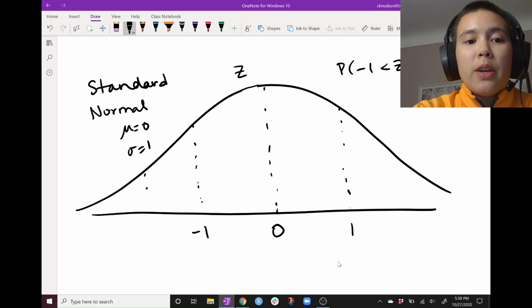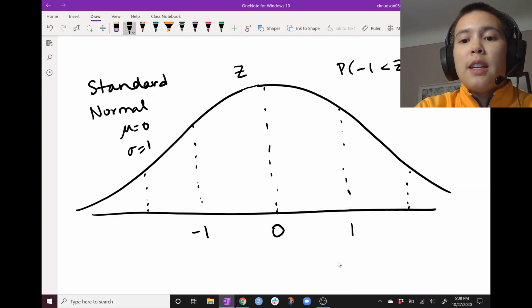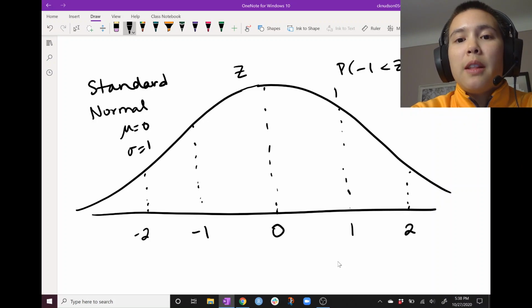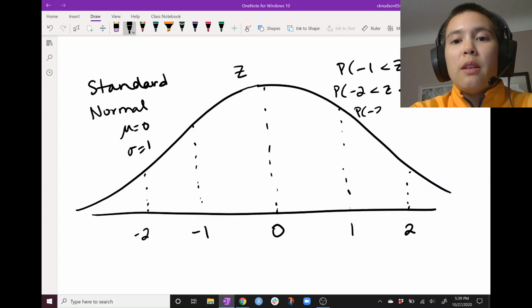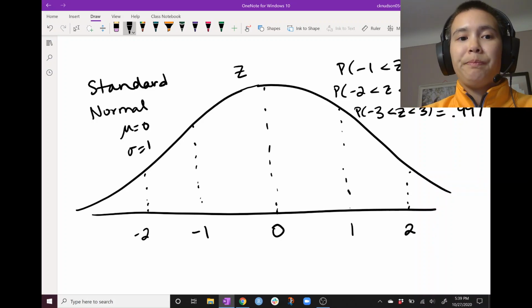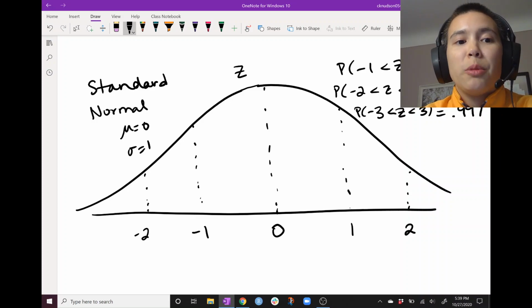And similarly, if we look out two standard deviations, then we have negative 2 to 2, and the probability that z is between negative 2 and 2 is about 0.95. And then similarly, the probability that z is between negative 3 and 3 is about 0.997.